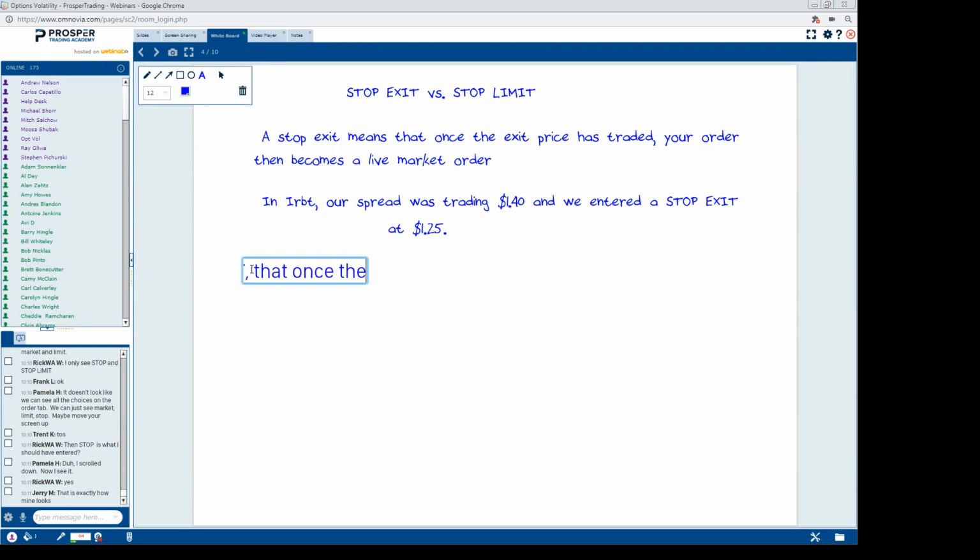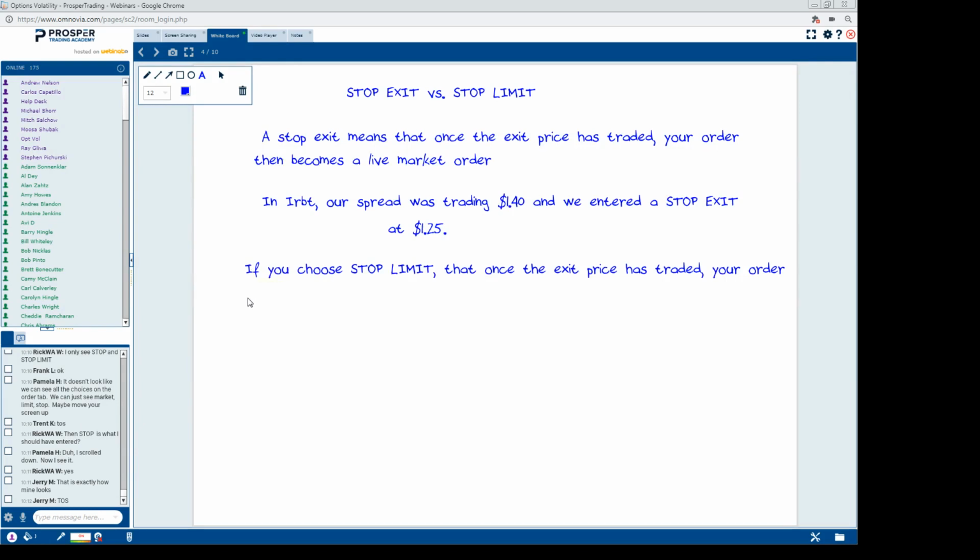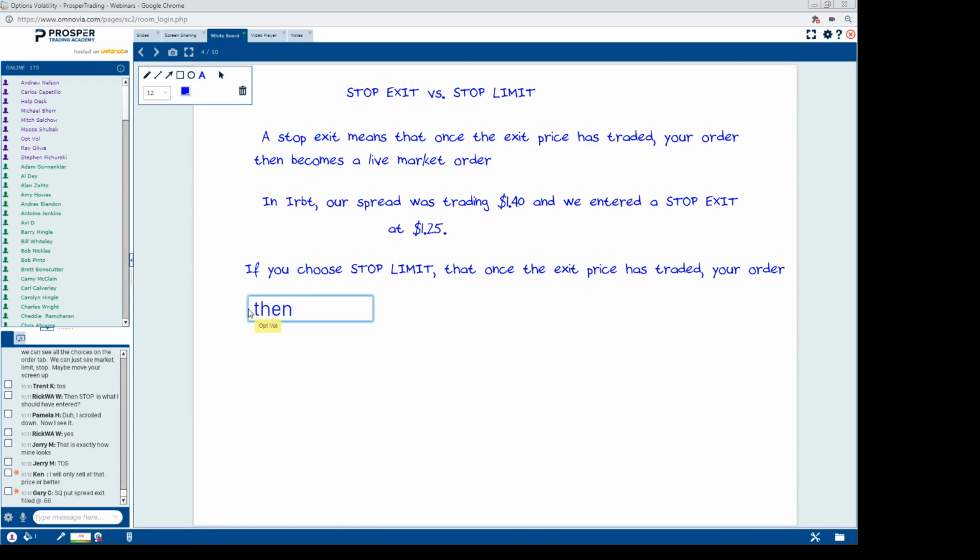What you are now saying is that once the exit price has traded, so same thing at the beginning, you put a stop limit order out there. Your order is just resting out there. It's just sitting out there in la la land until that price hits. But once that price hits, rather than becoming a live market order, it now becomes an order at the limit price that you put in.